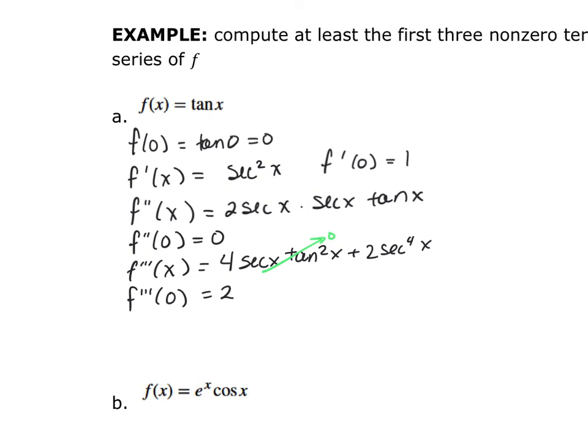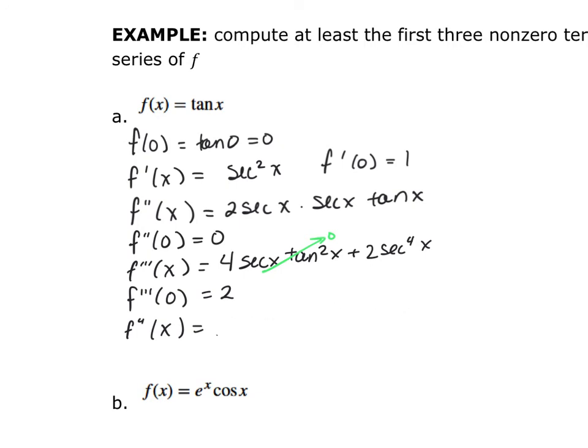I'll go ahead and do my fourth derivative, and again, I'm just going to give you the answer. I'm not going to show you how I got it, because we're not doing derivatives here. Let me write it this way.